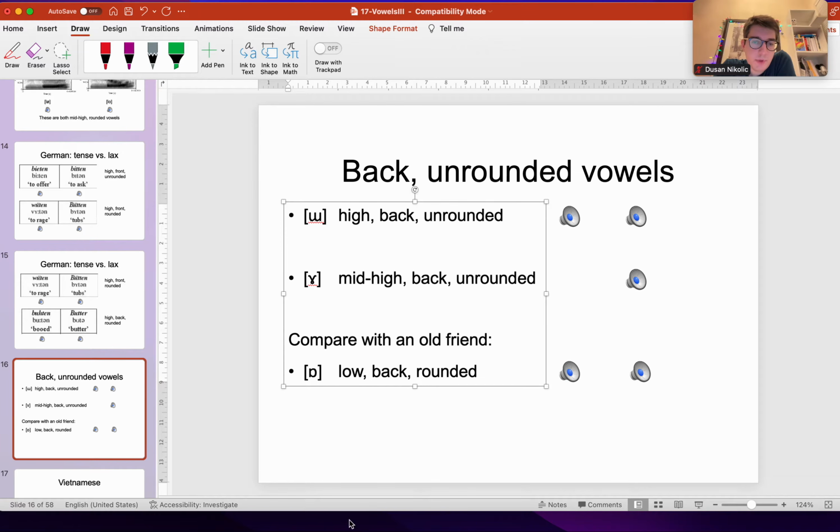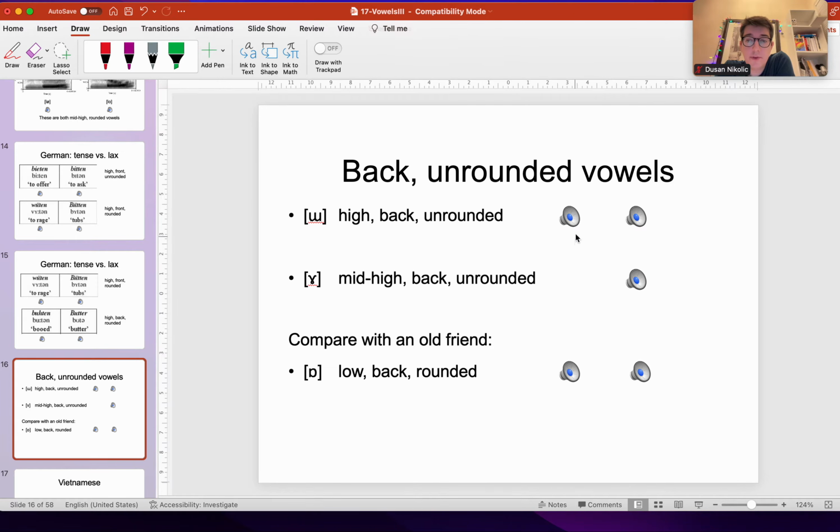So we have two unrounded vowels here, such as this one, which is a counterpart to oo, and this one, which we sometimes call ram's horns, because it looks like ram's horns, which is a counterpart to o, of course.